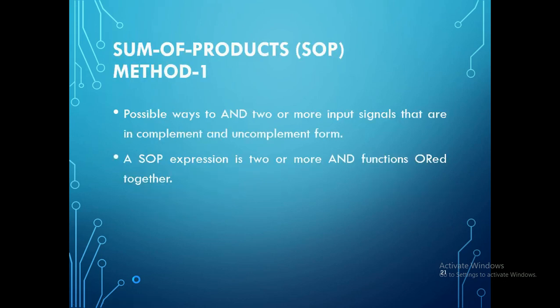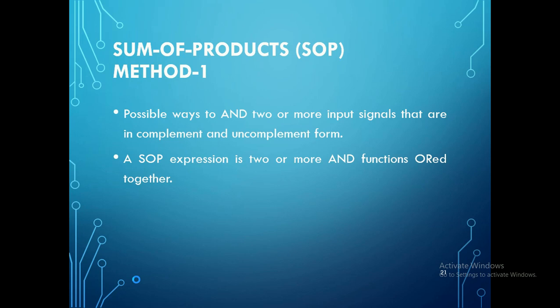So now let us see the sum of products, method 1. The possible way to implement this SOP expression is to add two or more input signals that are in uncomplemented form. So SOP is nothing but sum of products.